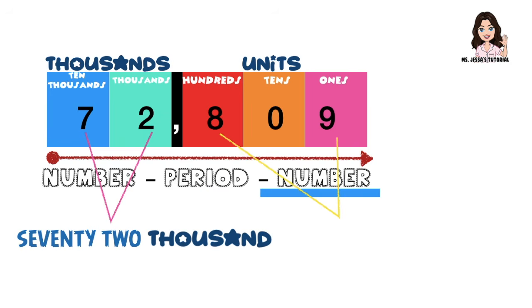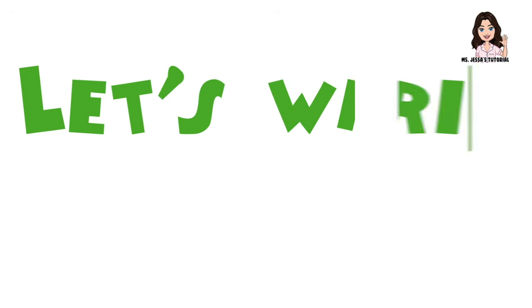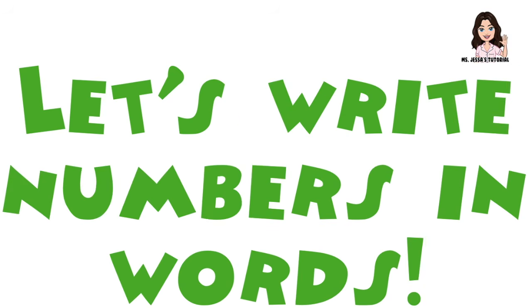How do you read that, children? Louder. That's correct, that is 809. So everybody, let's read this. 72,809. Again, children, please read louder. 72,809. Very good.